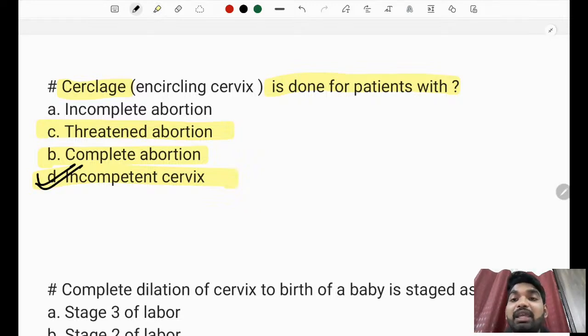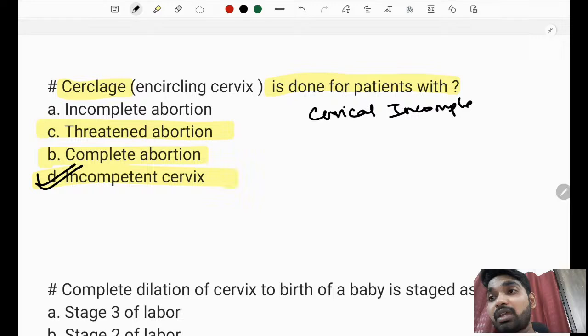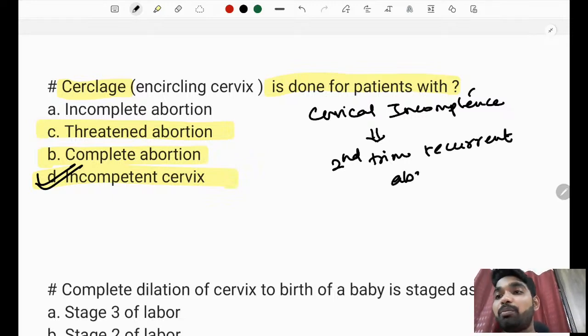Incompetent cervix, cervical incompetence. So how does the patient present in cervical incompetence? In MCQ, if you see the symptom second trimester recurrent abortion, then immediately think of cervical incompetence.